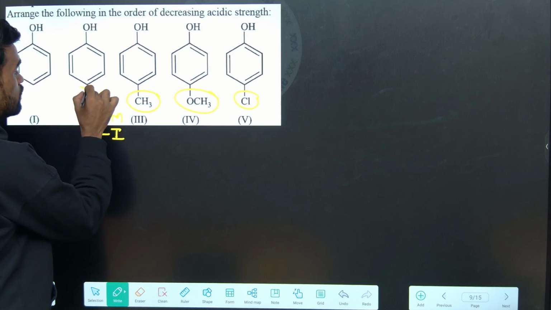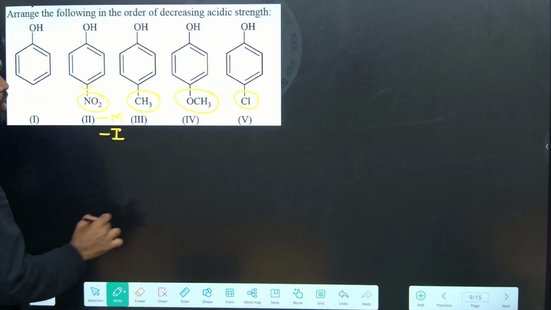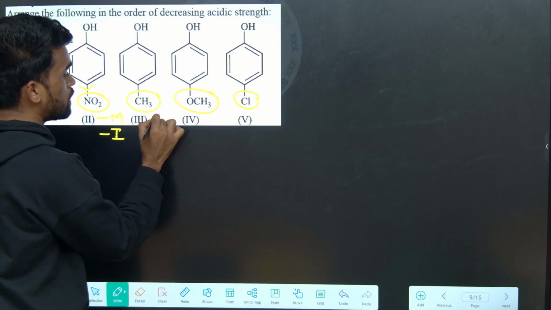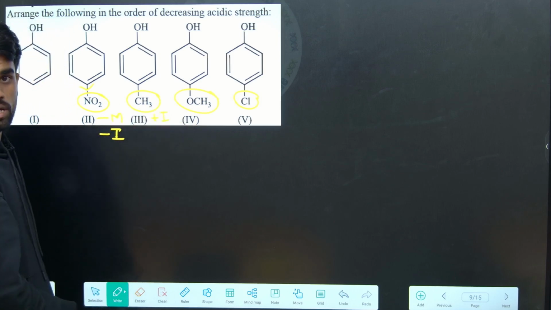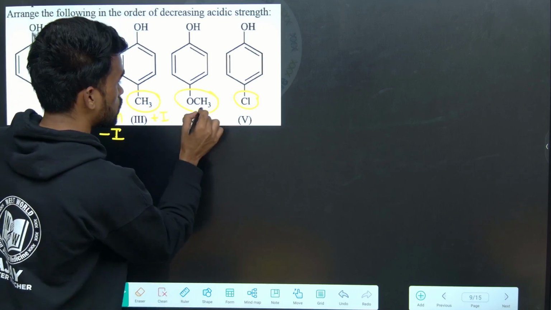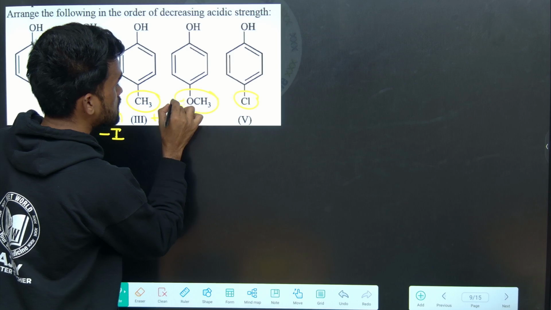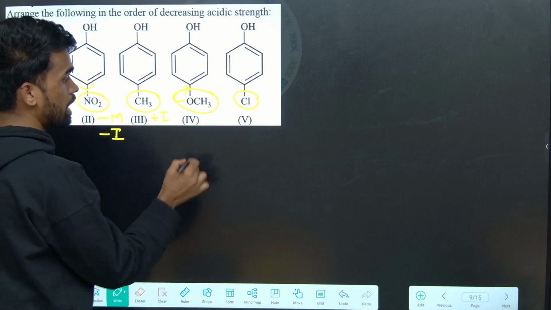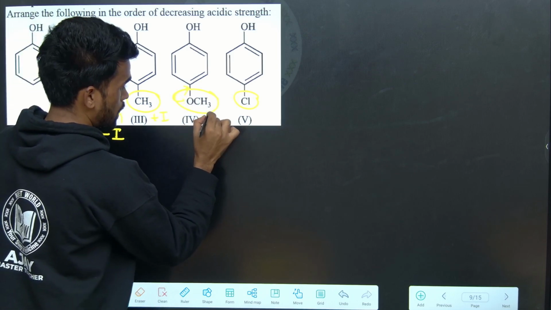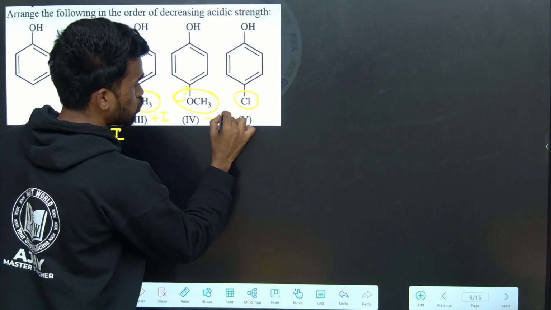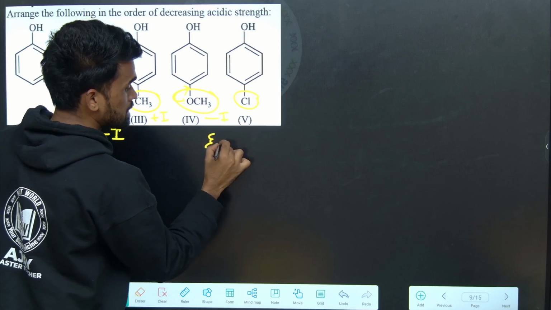It means it will withdraw the electrons towards itself. And this alkyl group will be a plus I group. The alkoxy group will release the electrons like this, and it is a minus I group and plus M group.